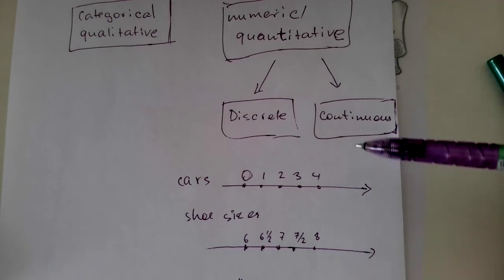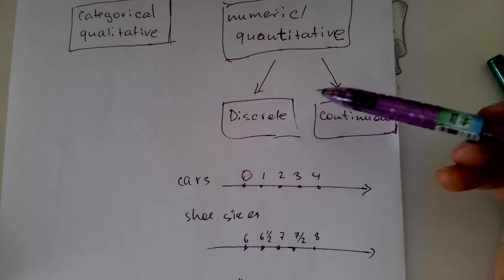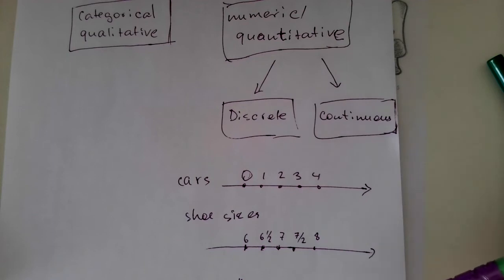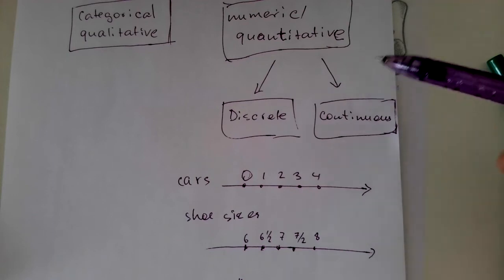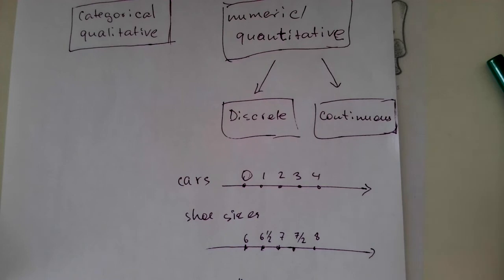A lot of times students would say, okay, that's discrete because it's a whole number. It's a nice number, so that must be a discrete data set. Well, the question is, could it have been 5.1 potentially, or 4.9999? And the answer is yes.